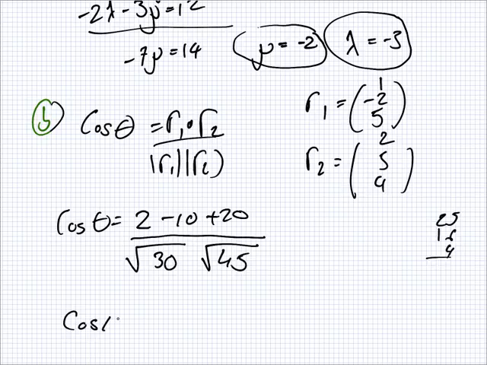So cos theta is 12 over root 30 root 45. R2 is 2 3 4. Right. So let's get the theta.